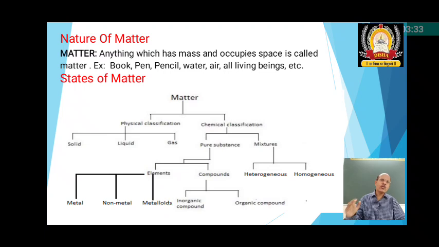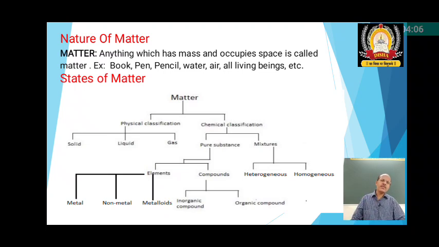Like that, if you go with the chemical classification, there you will find pure substances and mixtures. Pure substances are further classified into elements and compounds, whereas mixtures are further classified into homogeneous as well as heterogeneous mixtures.